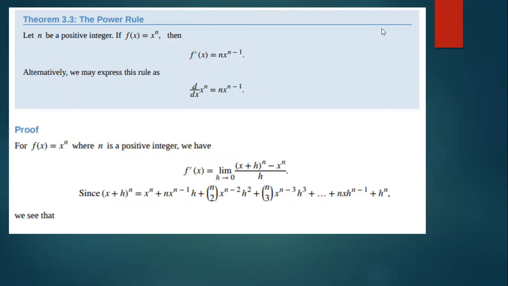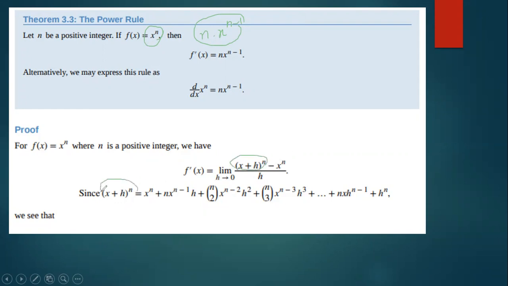Again, this is the power rule: the derivative of x to the n will be n x to the n minus 1. If you want to prove it, the derivative will be equal to (x plus h) to the n minus x to the n, divided by h.